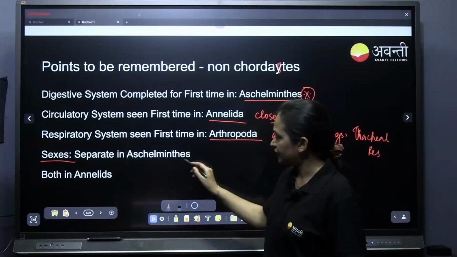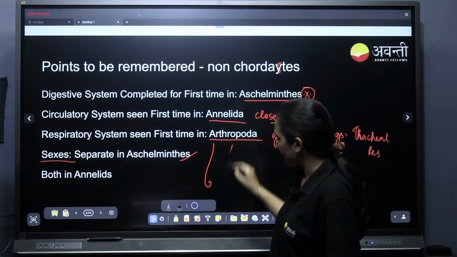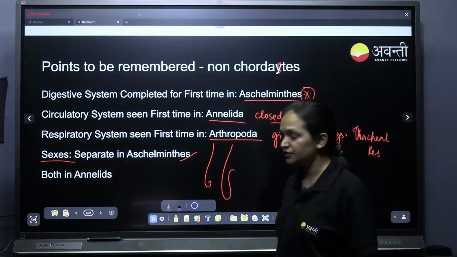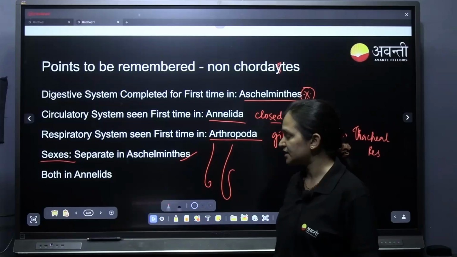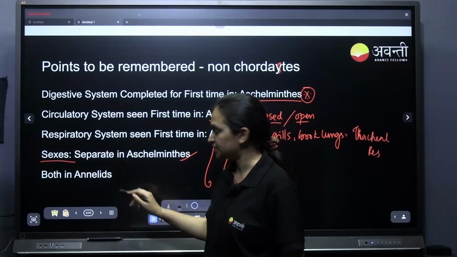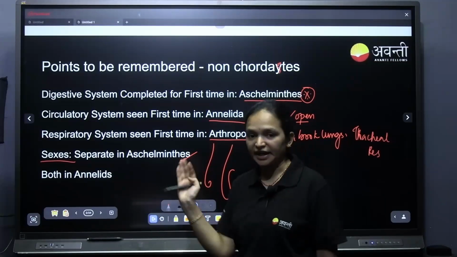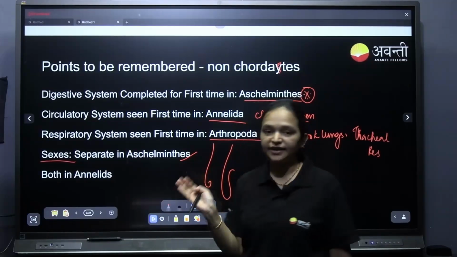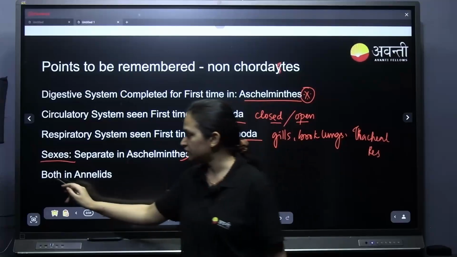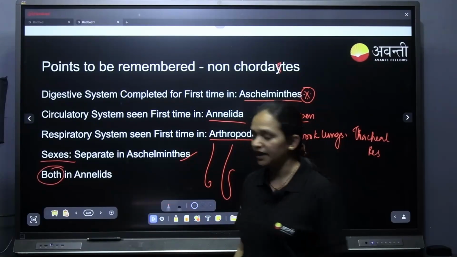When we see the sexes separate, first will be Aschelminthes. In Aschelminthes the male and female are separate. Next after Aschelminthes, in annelids we can see both: Nereis is dioecious, that is different sexes, and earthworm is monoecious. Both types, same as well as different, we can see in the annelids.